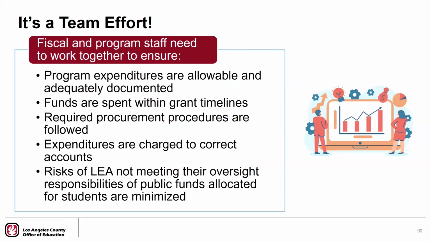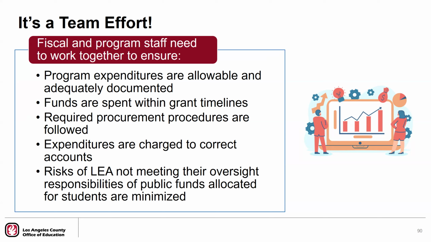As we conclude the two-day fiscal workshop, we want to circle back to what we said at the beginning of day one. Implementing your federal programs must be a team effort. Fiscal staff play an important role by completing tasks such as processing payments, tracking and reporting expenditures.